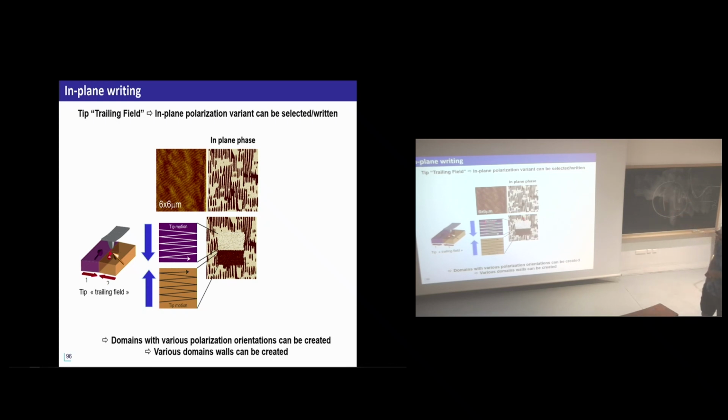And if you scan with a high enough DC voltage in this direction, or in this direction, I can select one or the other polarization. So I can write domains out of plane, but also I can control, potentially, the in-plane component of the polarization. So that means that you can create various domain walls, even though they are naturally not favorable.